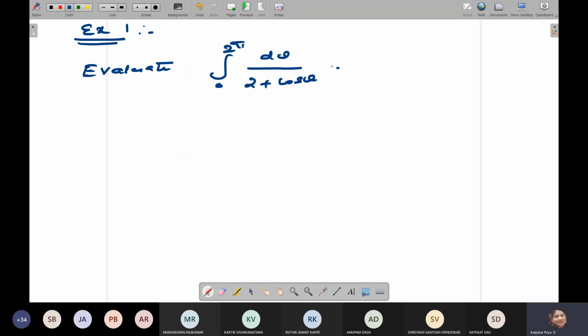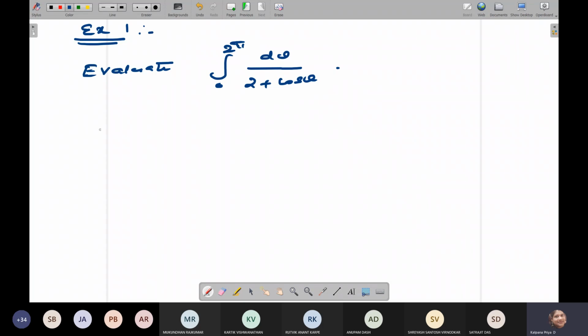Example 1, listen carefully. Evaluate integral 0 to 2 pi d theta upon 2 plus cos theta. Now using Cauchy residue theorem, we are going to solve this integral.